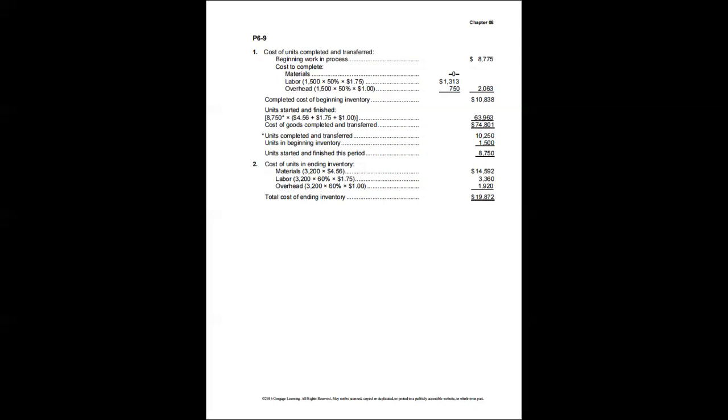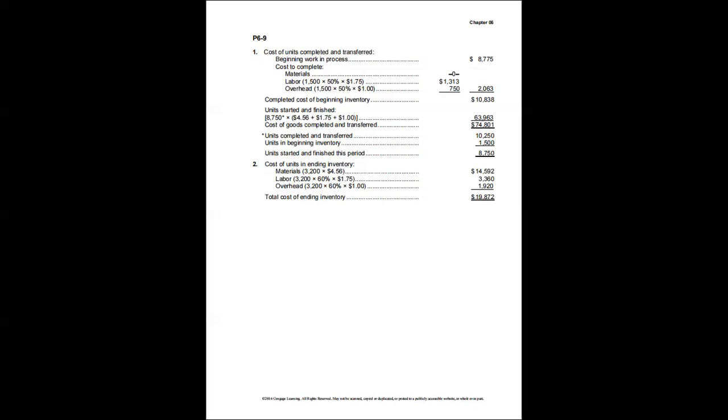So we now get the completed cost of the beginning inventory. Units started and finished, 8,750 plus 4.56, 1.75 and 1. Cost of goods completed and transferred.